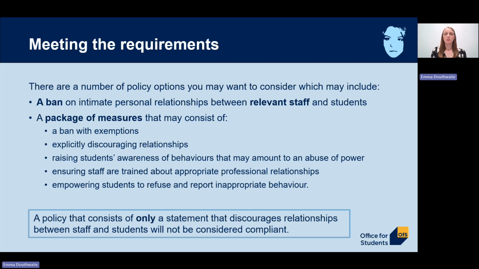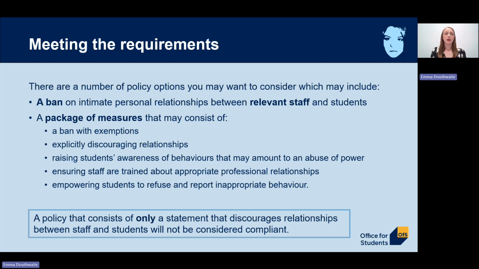You may consider that a ban on some or all relationships is not the most appropriate option to manage and address abuses of power and conflicts of interest. If you choose not to introduce a ban, the alternative measures will need to make a significant and credible difference in protecting students from abuses of power and conflicts of interest.